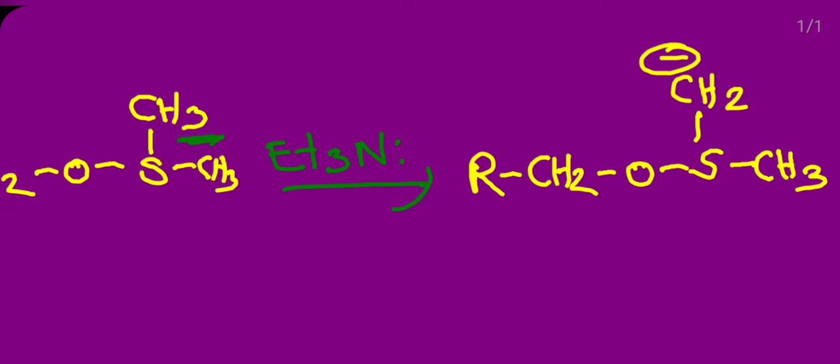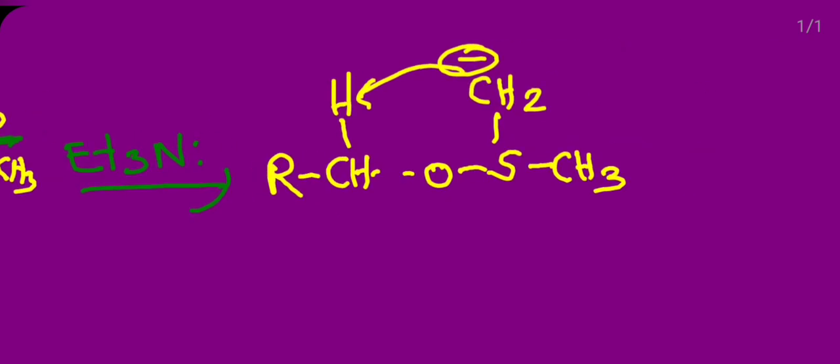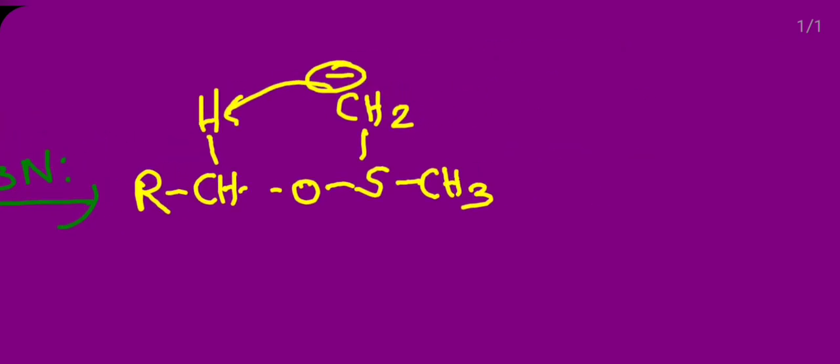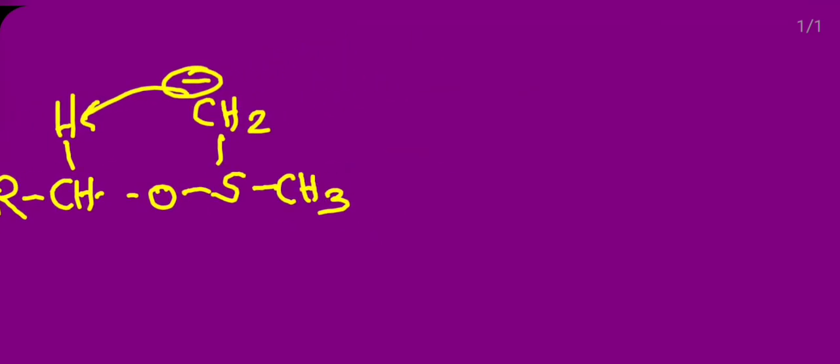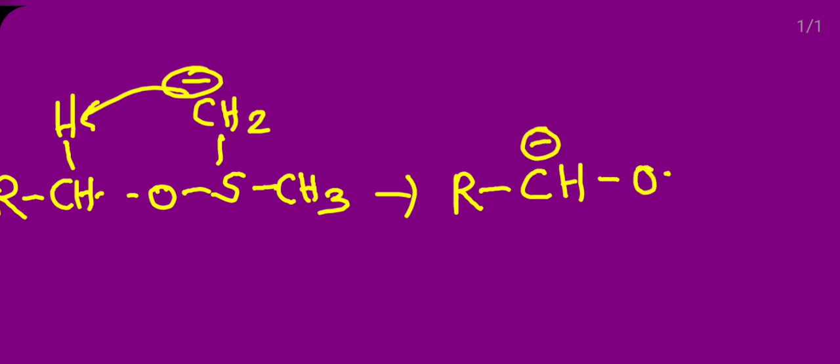Now the next step is that this will abstract the proton from here, this will take this proton as H plus. Then how does the structure look? You can see over here, R CH minus, then O, CH3 CH3.